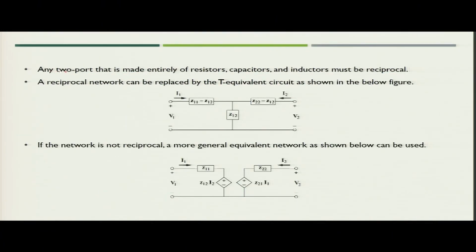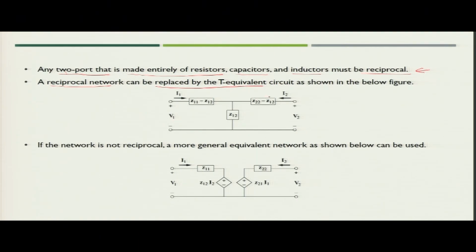Now, any two port network that is made entirely of resistors, capacitors and inductors must be reciprocal. This is another important property which you have to keep in mind, and when you have a reciprocal network, you can replace that network by an equivalent T circuit.